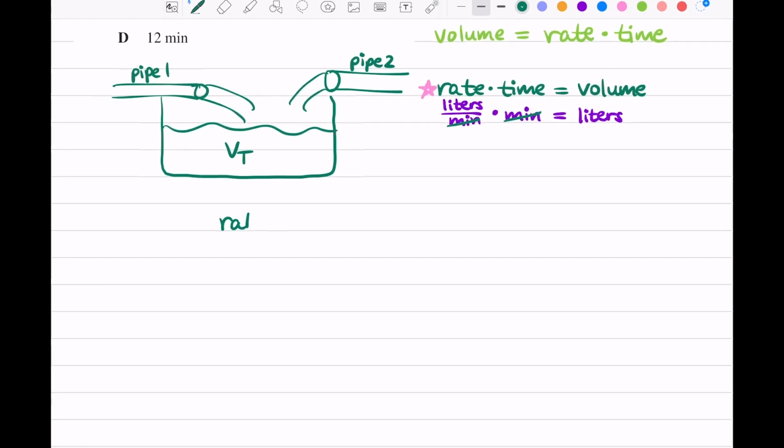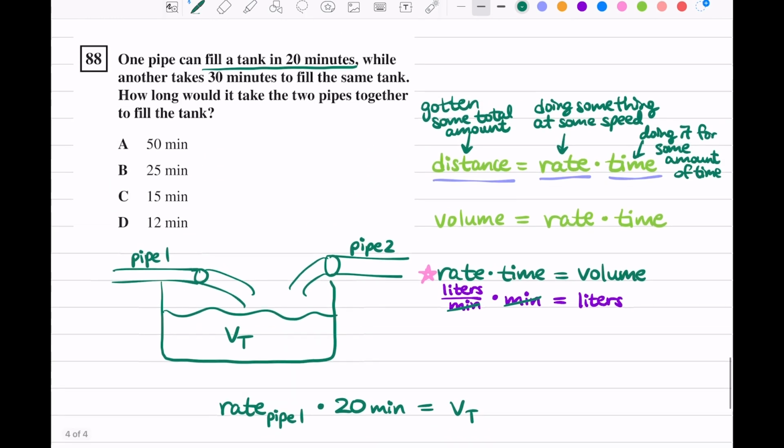So the rate that our first pipe is filling the tank, let's give that a subscript, pipe 1. The rate of pipe 1 times how long it flows, we are told 20 minutes, gets us to that total volume, which we said was V sub t. Now what did they say about pipe 2?